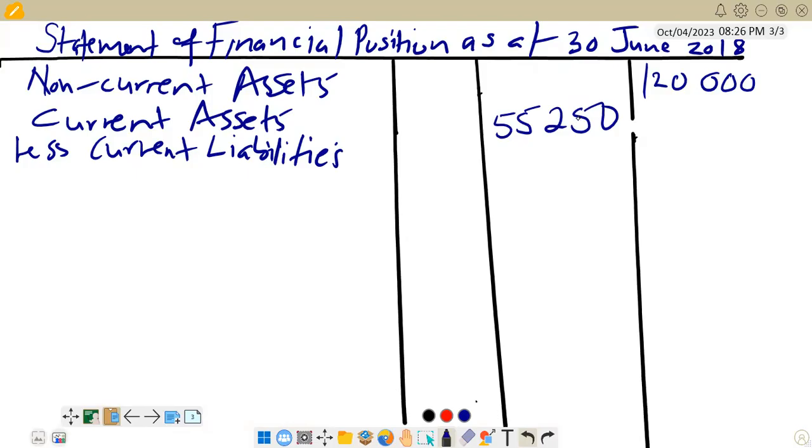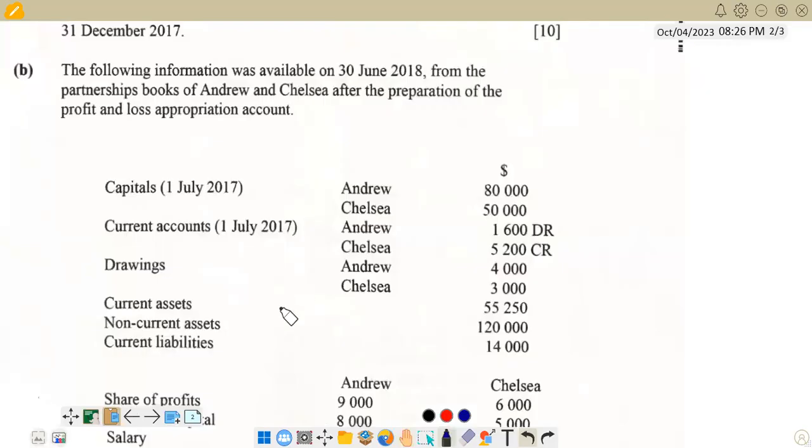And then obviously the layout that we use after current assets, we subtract current liabilities. Very important to take note of that. If you go to the question there, we find the figure that we are given for current liabilities, which is 14,000.